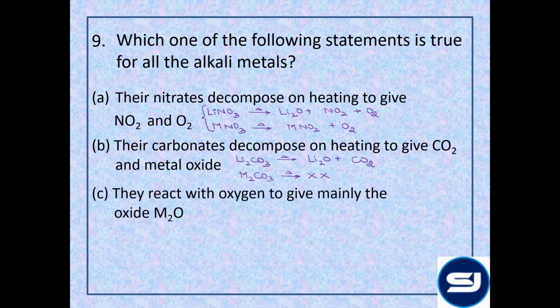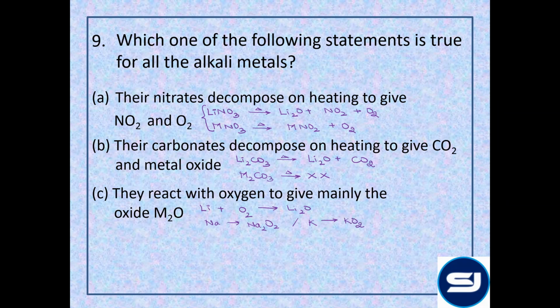They react with oxygen to mainly give the oxide M2O. Will this be considered correct? Lithium forms the oxide with oxygen, sodium forms the peroxide, and potassium and the other heavy metals form superoxides.